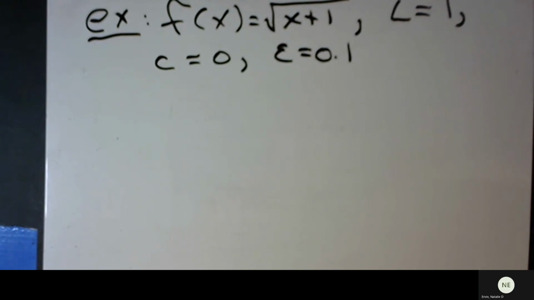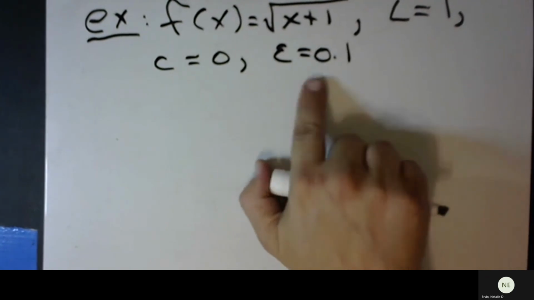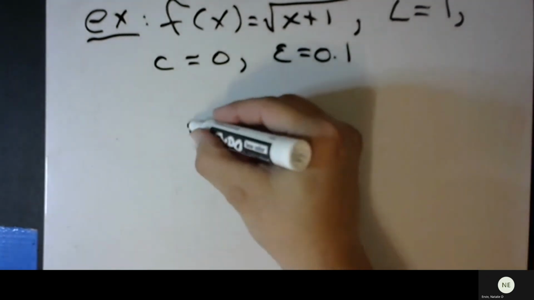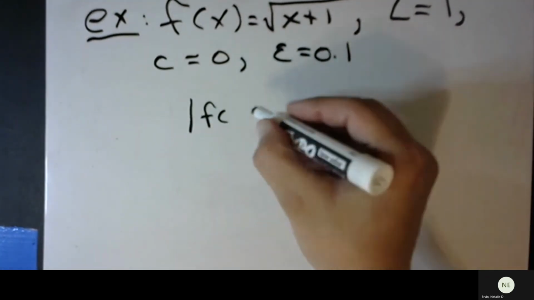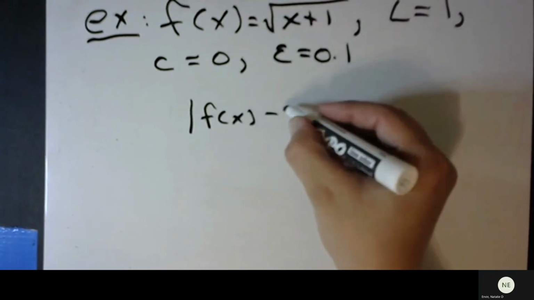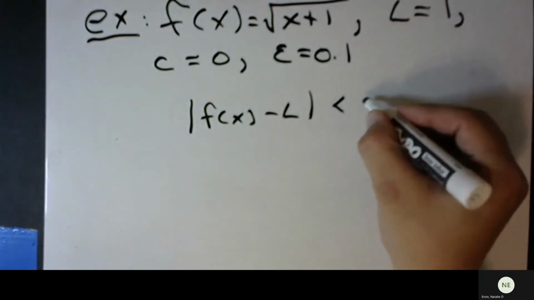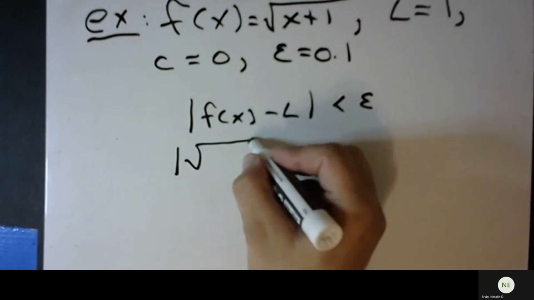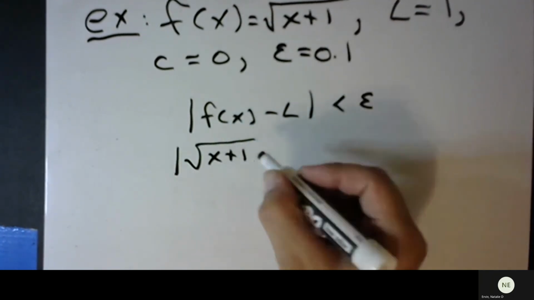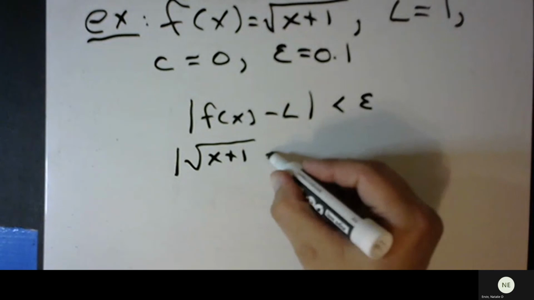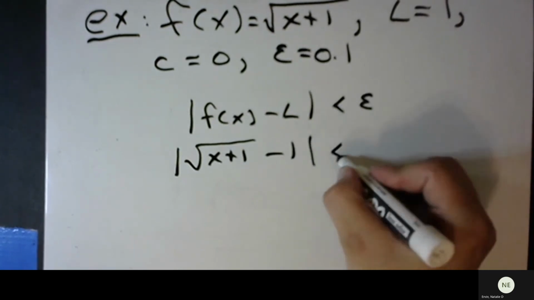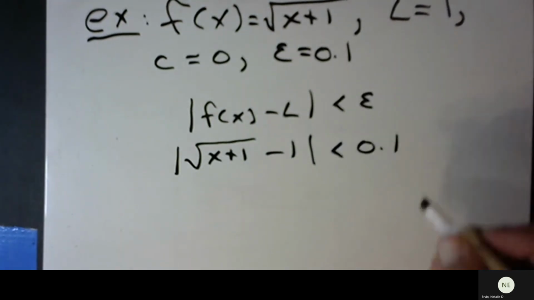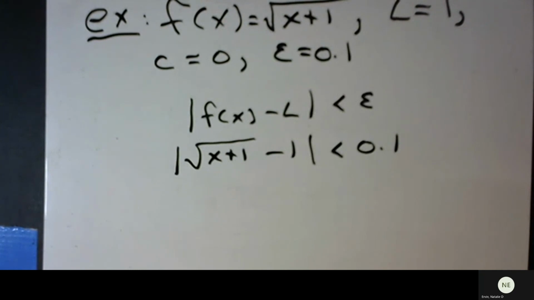And what they want us to do is, again, calculate a limit. Now, in this case, epsilon is given. And so for this one, we can break it up.